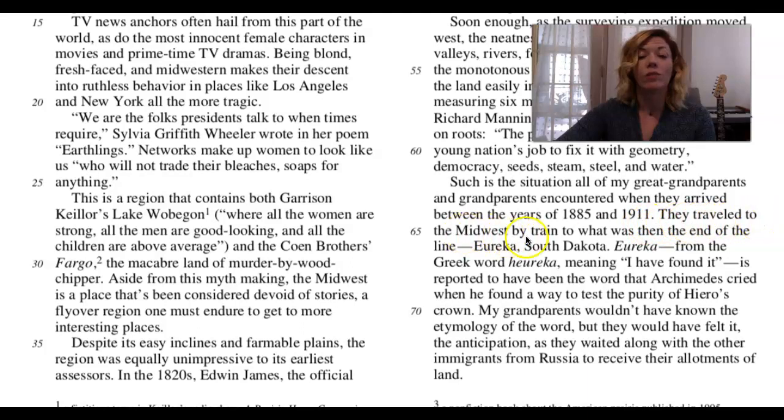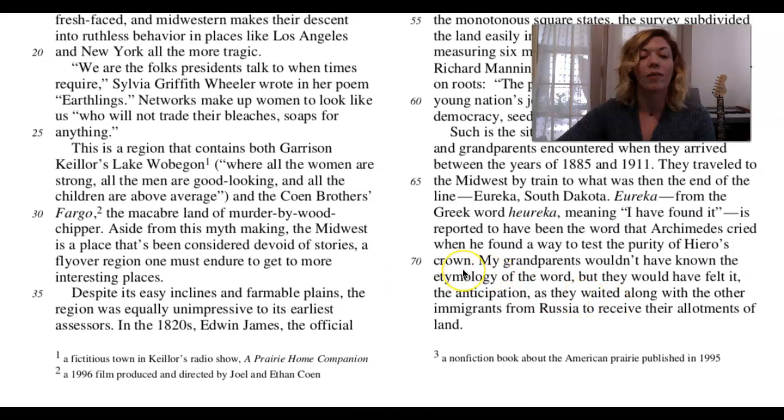They traveled to the Midwest by train to what was then the end of the line, Eureka, South Dakota. Eureka, from the Greek word Heureka, meaning "I have found it," is reported to have been the word that Archimedes cried when he found a way to test the purity of Hiero's crown. My grandparents wouldn't have known the etymology of the word, but they would have felt it, the anticipation, as they waded along with the other immigrants from Russia to receive their allotments of land.